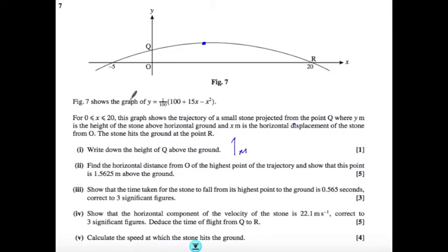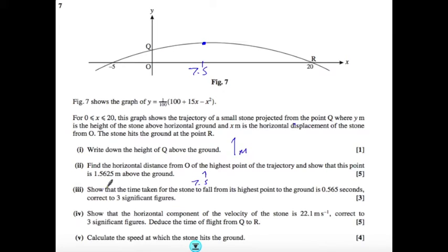I would recommend, because it's a quadratic graph, using the symmetry of it. So we can see this goes from minus 5 to 20, so the midpoint of minus 5 and 20 is 7.5.